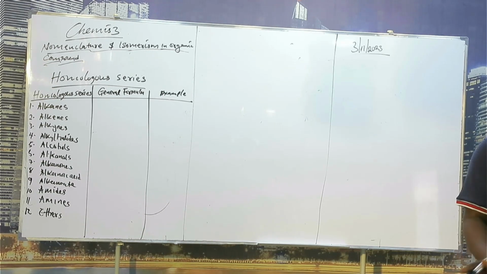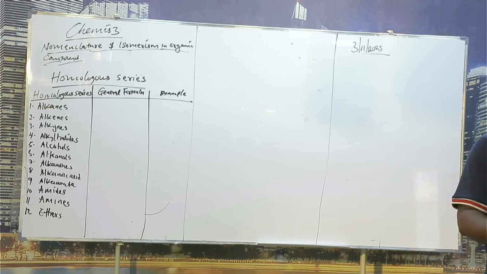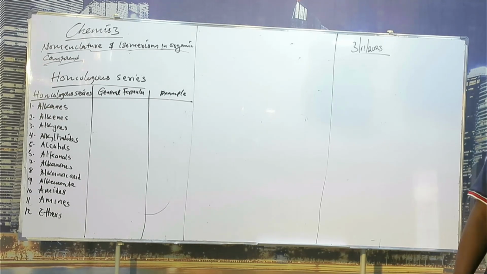There is a regular pattern in which successive members differ from the next member by a molecular formula of CH2, or differ in relative molecular mass by 14. That is homologous series. Look at the 12 families.